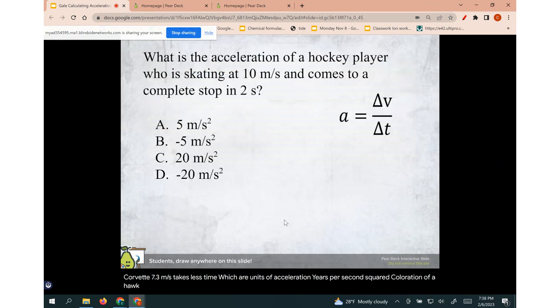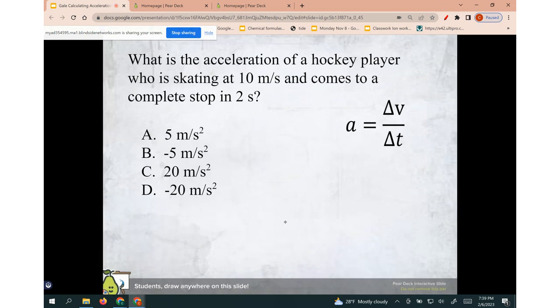What is the acceleration of a hockey player skating 10 meters per second who comes to a complete stop in 2 seconds? So this is going to be a negative one because we started at 10 meters per second, our initial velocity, and ended at 0.